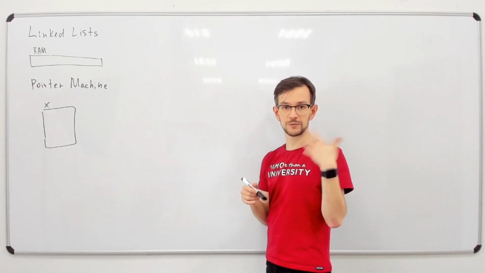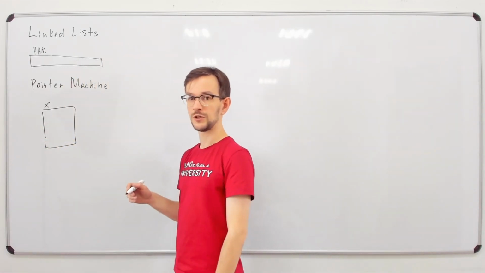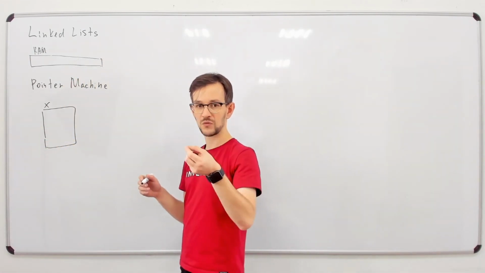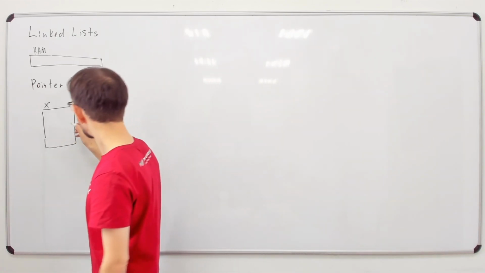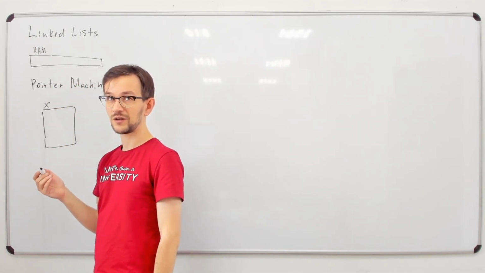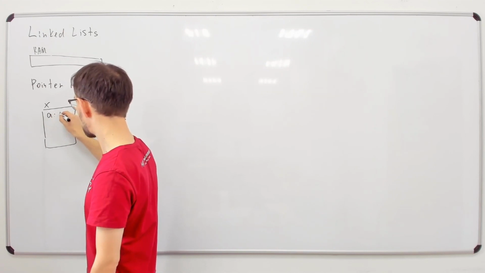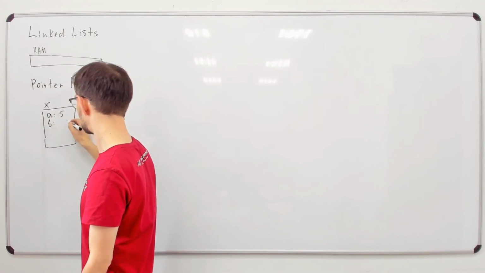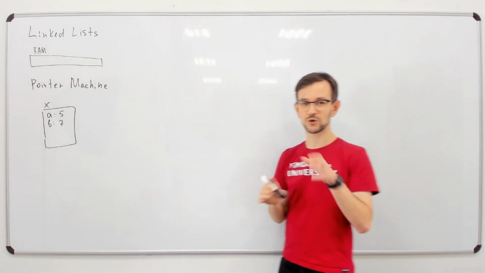Each field contains some data, like objects in Java. Let's say I have field A equal to 5, B equal to 7, and so on. So just some data stored in this node.